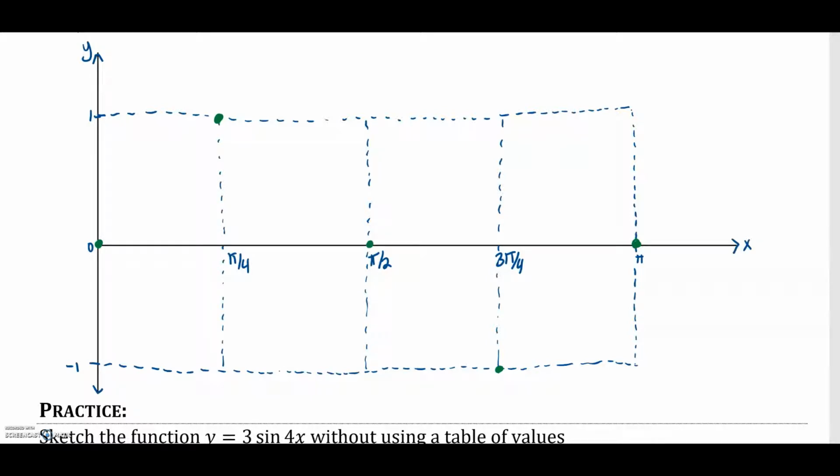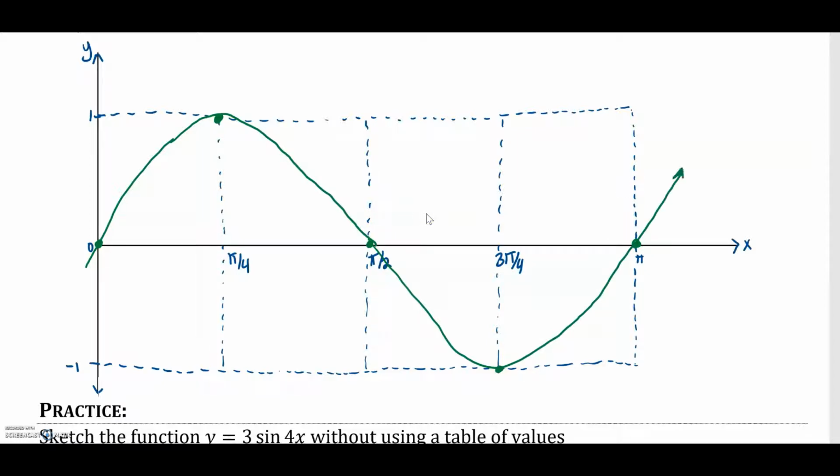And now we're ready to sketch the curve. Try to connect these points by nice smooth lines. And because this is a cyclical function and repeats periodically, we can use lines to indicate that the function continues and goes on forever.